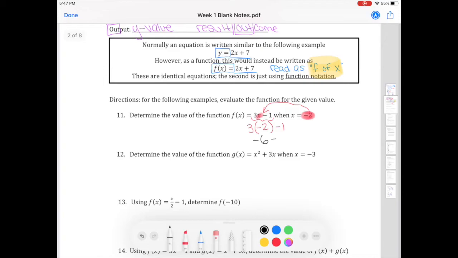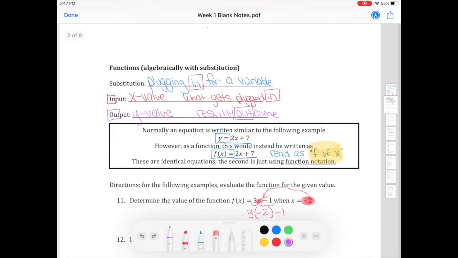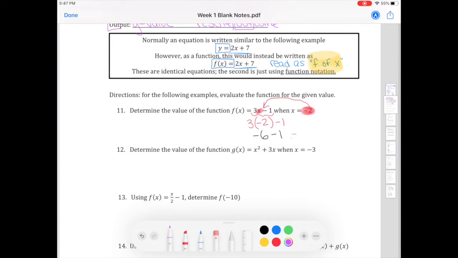So 3 times negative 2, and I have subtraction. I definitely multiply first. So 3 times negative 2 is a negative 6, and then you bring down that minus 1. And negative 6 minus 1 is all that's left, so it's just subtraction. I don't have to worry about order anymore. You can plug it in your calculator if you need to, but negative 6 minus 1 is a negative 7.